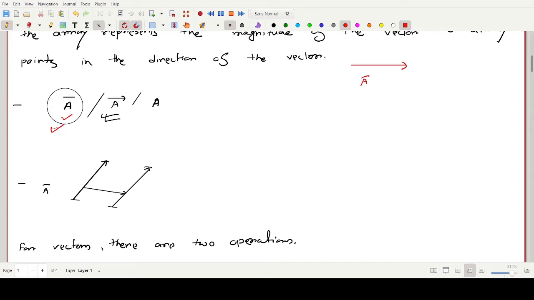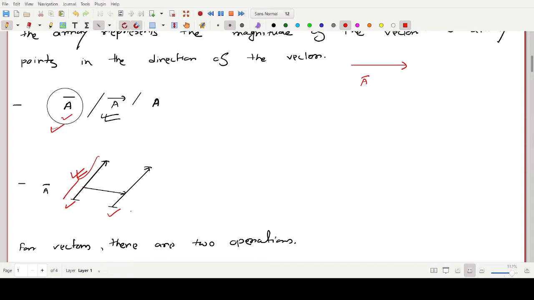There is another important point: if you slide a vector without changing its length or direction, the vector remains the same. This vector and this vector are the same vector.